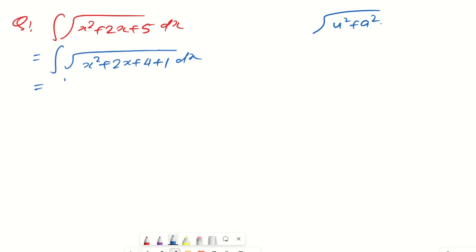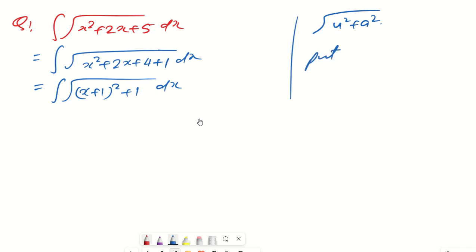So it can also be written as x plus 1 whole square plus 1. Now this x plus 1 can be put as something. Using the substitution principle, let us put x plus 1 is equal to u, then we are going to get dx is equal to du.